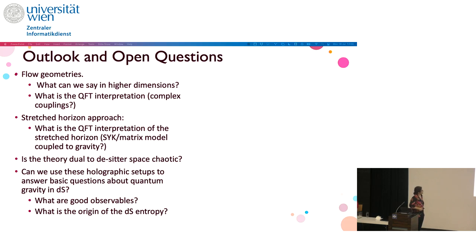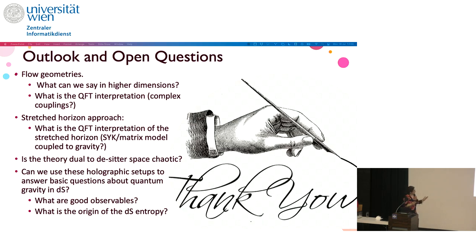Is the theory dual to de Sitter space chaotic, and can we use these holographic setups to answer basic questions about quantum gravity in de Sitter? So as you see, there's lots to explore, and thanks for listening.